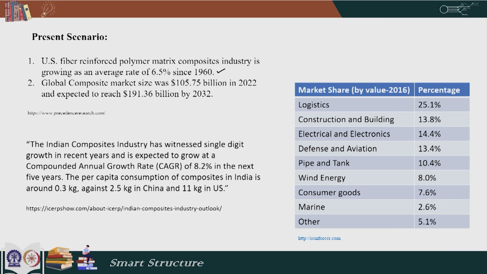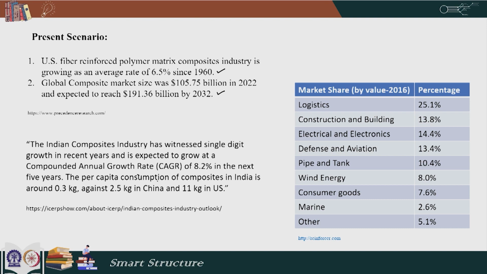If we talk globally, the market size was 105.75 billion US dollar in 2022, and it is expected to reach 191.36 billion US dollar by 2032. In India, the Indian composite industry has witnessed single digit growth in recent years and is expected to grow at a compound annual growth rate of 8.2% in the next 5 years.